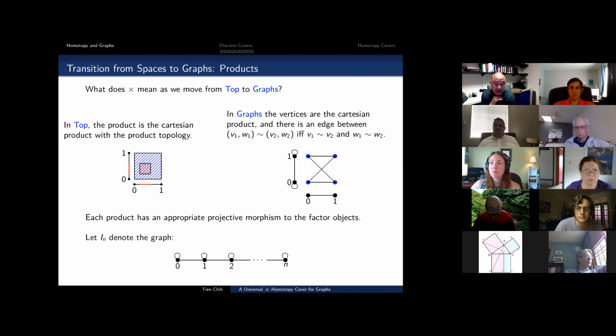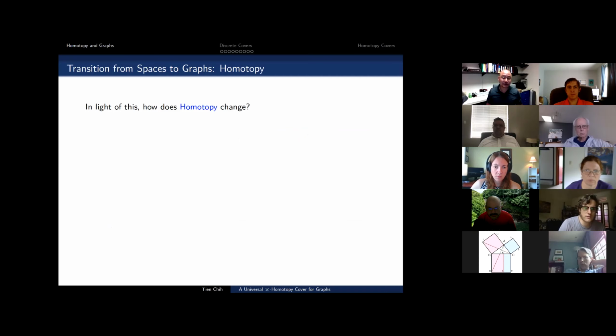And so what we'll denote as an interval graph is the graph I_n, which is vertices from 0 to n, a path, each one of whom is looped. That's going to play the role of our interval that we would normally use in topology to make our homotopy. Wait, with all of these loops, should we regard that as playing the role of an interval?